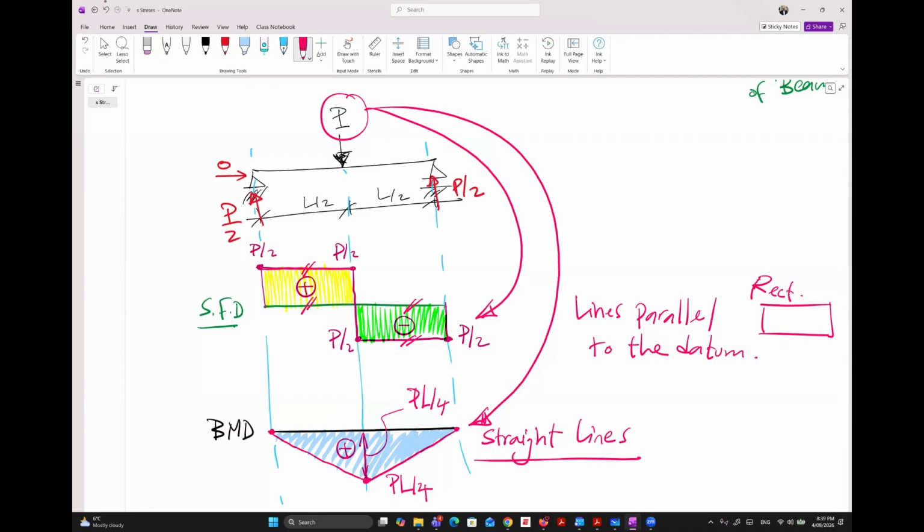What I want you to get out of this session is to memorize this drawing. Can you memorize it, or can you understand how to memorize it?